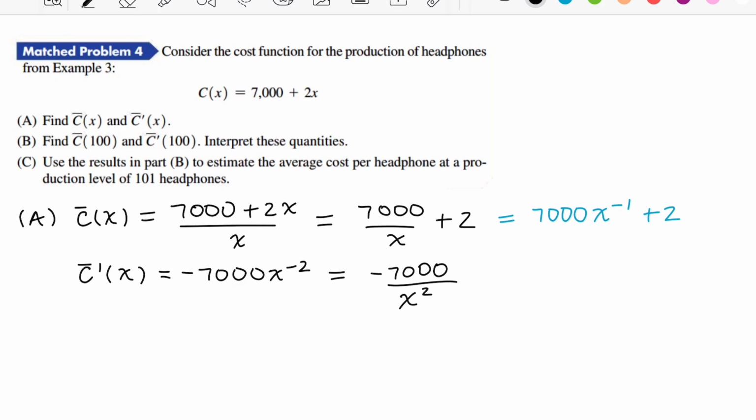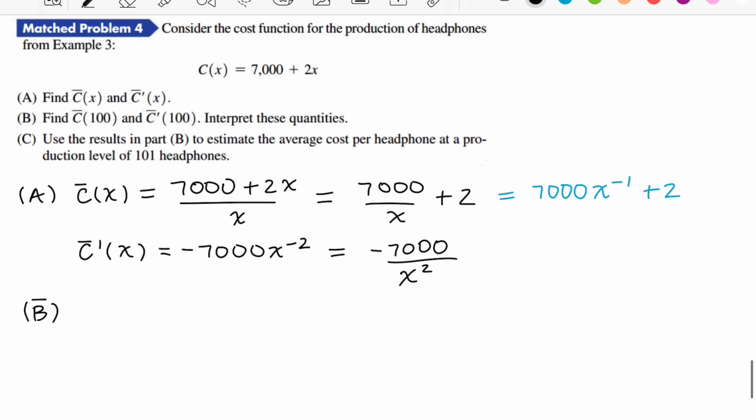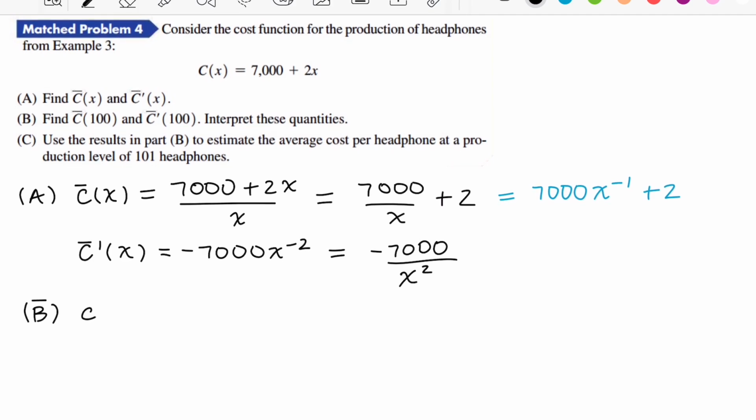All right. Now for part B, we want to find our average cost when we have 100 headphones, and then our marginal average cost when we have 100 headphones, and interpret these values. So plugging in 100 for x, we get 7,000 over 100 plus 2. So we'll get 70 plus 2, so 72.